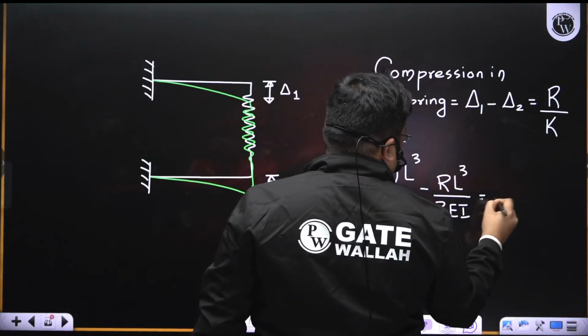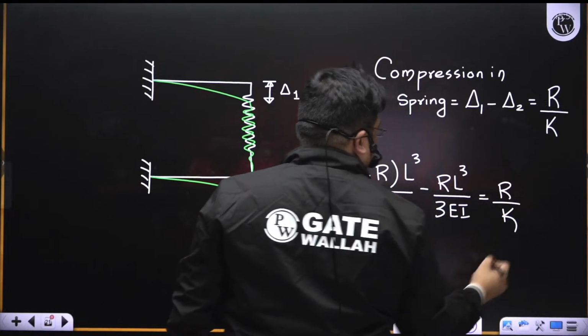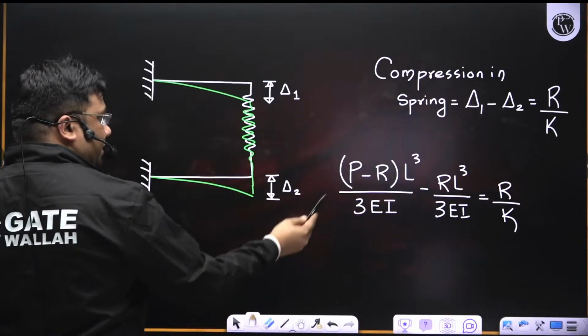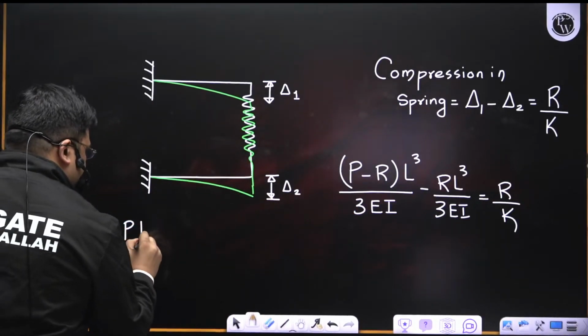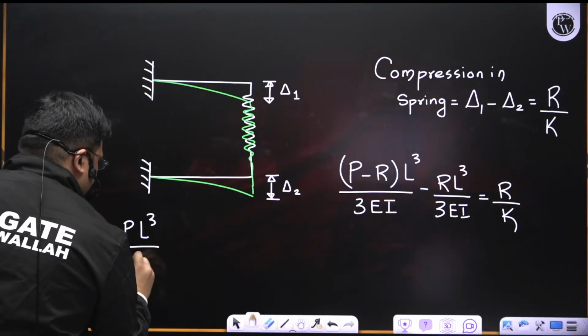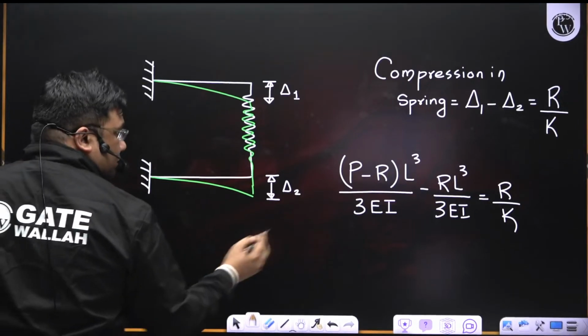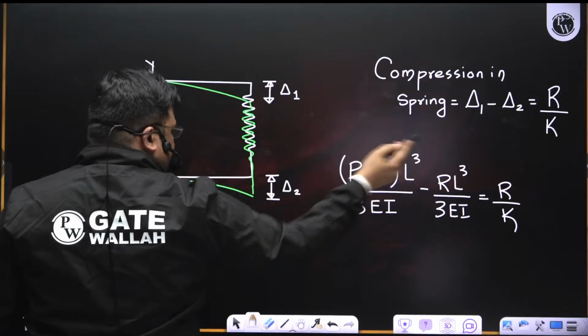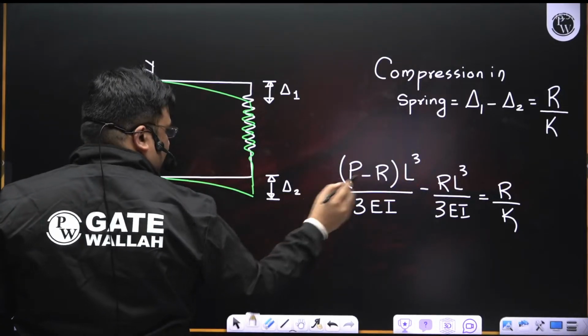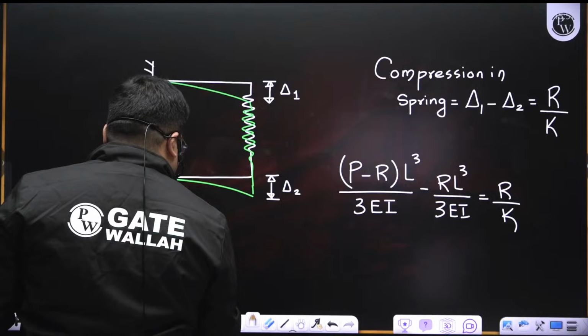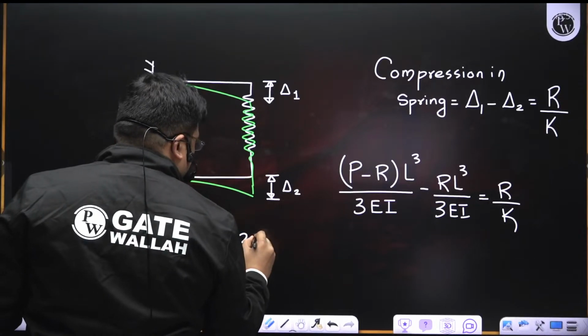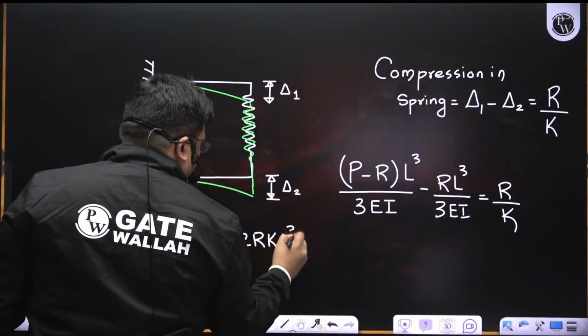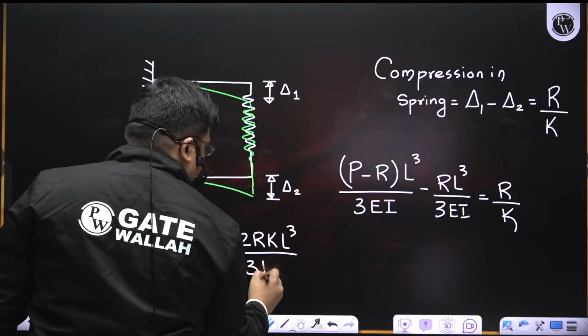So this becomes equal to R by K. Now you can simplify this. If I open the bracket, this will become P L cube by 3 EI minus 2 R L cube by 3 EI. If I take that side, it will be plus 2 R L cube. So it will be R by K plus 2 R L cube by 3 EI.